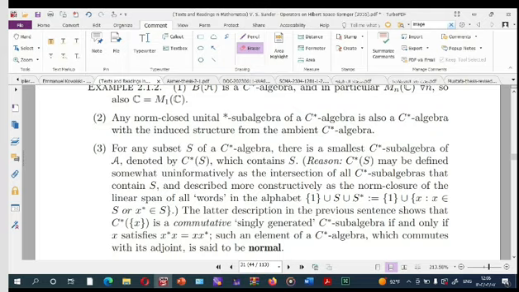For a single element, this is equal to the span of 1 and all x and x star.